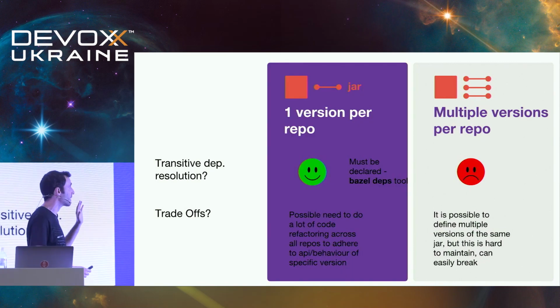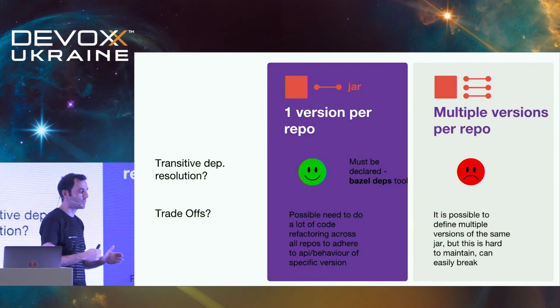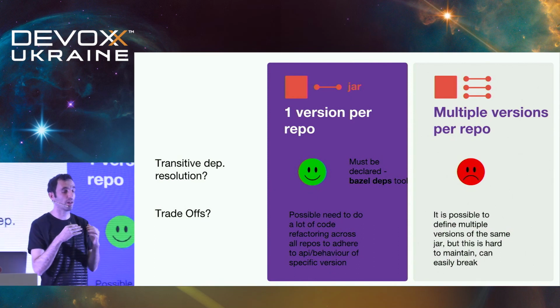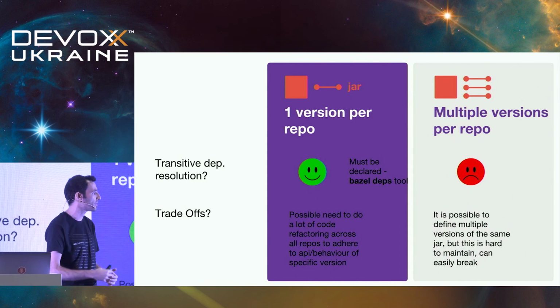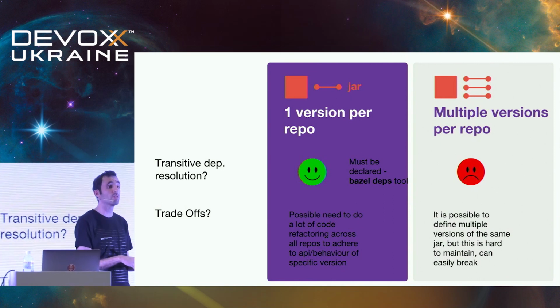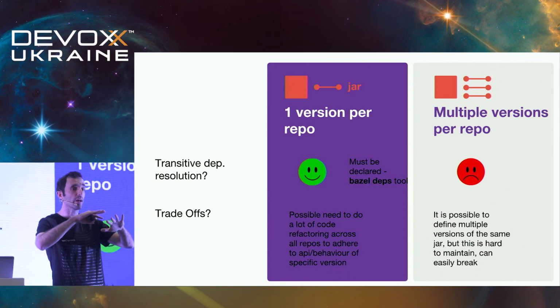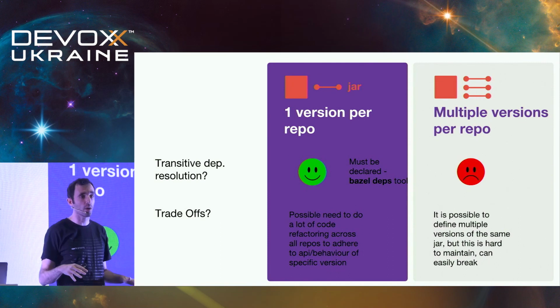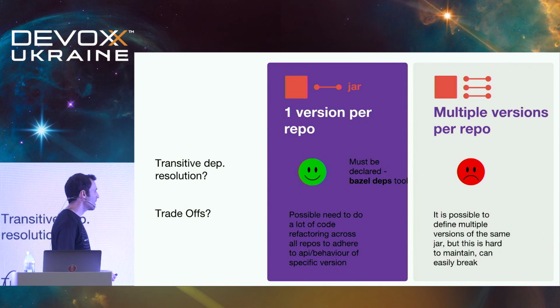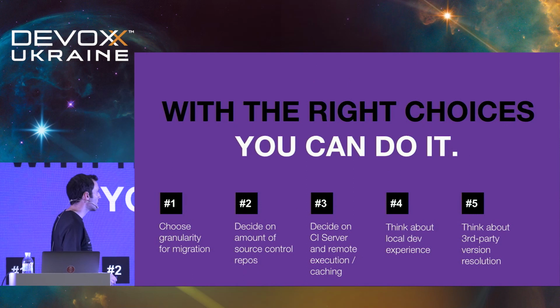So at Wix, we decided to stick with this, in order for everyone to keep gaining the better versions with all the bug fixes, etc. And we not only do it for one repository, we try and do it across all of the repositories for Wix backend. Yeah, so that's on this subject.